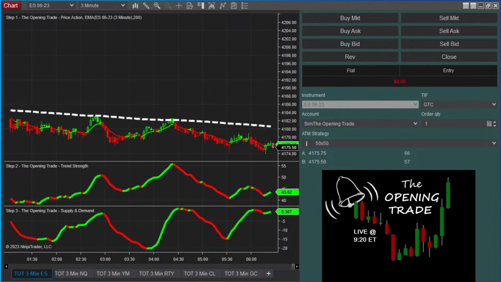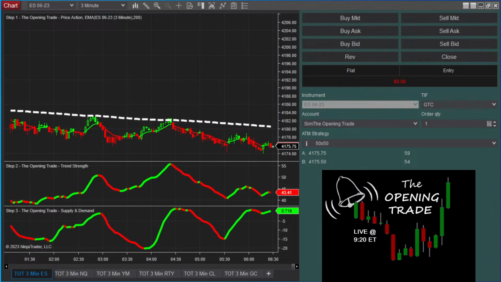Tomorrow is a big day as far as the calendar goes, and we'll just jump right in here. At 8:15 Eastern Standard Time tomorrow, the ADP non-farm employment change will come out. At 9:45, final services PMI.